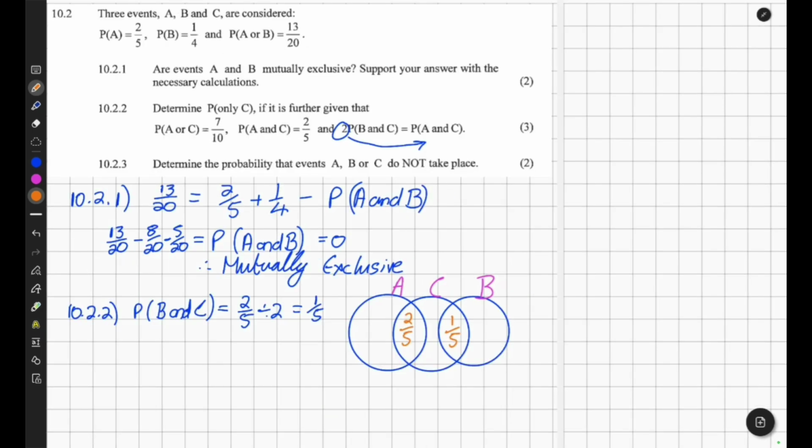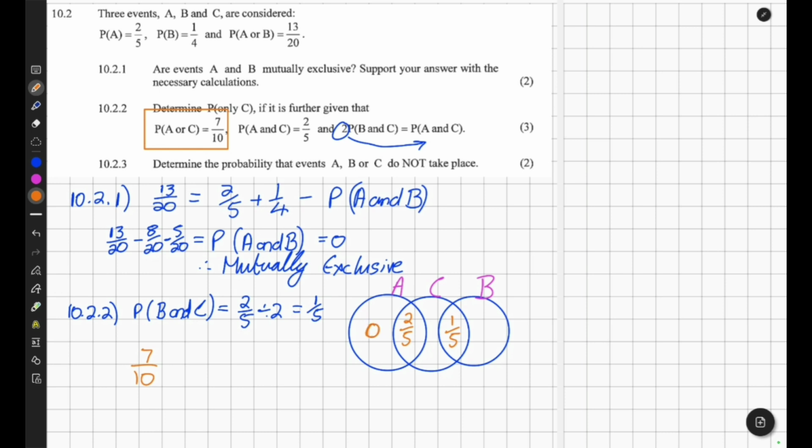So the question was to figure out what is only C. So remember, all the things from the top still apply. So I can then see that A or C was 7 over 10. Okay, they told me there. Now I can take the 7 over 10, and I know that must be equal to the entire circle A plus the entire circle C, but I'm not allowed to use the 2 over 5 twice. Now if I look at the very top, the A circle is just 2 over 5, so that means all of it is also in that part that's overlapping with C. Great.